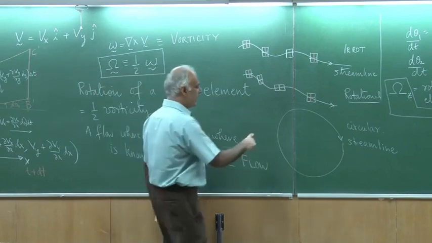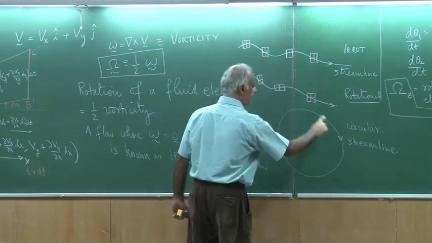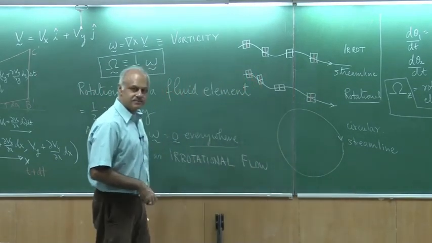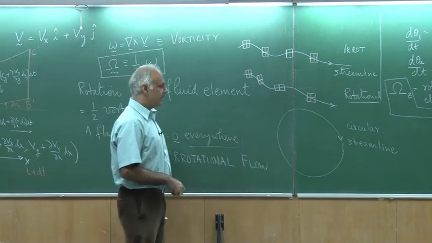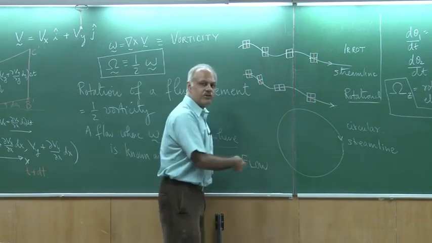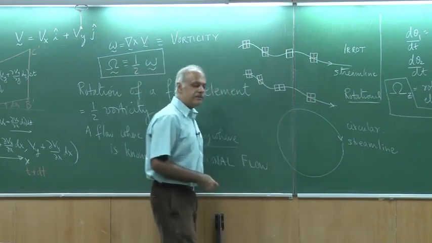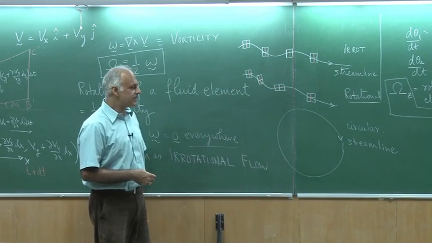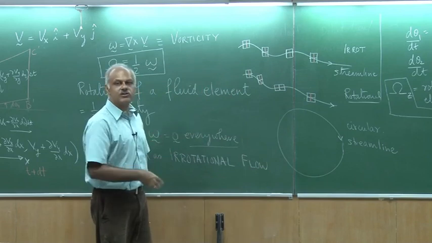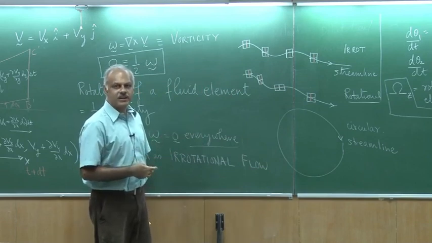So, I would have a fluid element that simply goes around this because it is also a path line. Is this flow a rotational flow or an irrotational flow? So, if I gave you a streamline, you might be tempted to say that because the streamline is a closed streamline, maybe the flow is rotational.